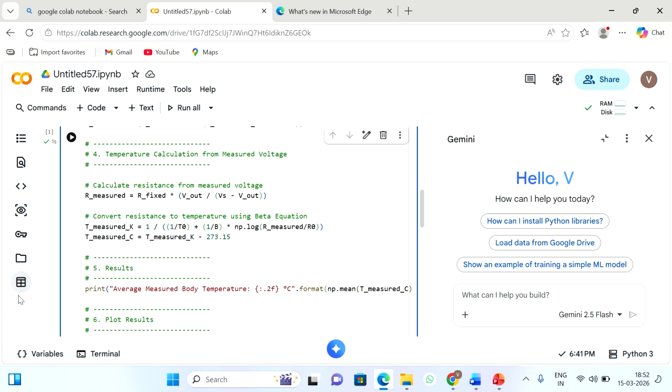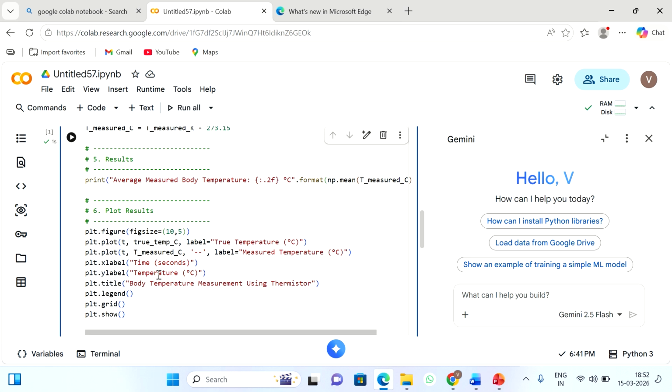So graph 1 shows voltage versus time. It shows how the output voltage changes with the temperature. Then graph 2 shows the resistance versus time, so it shows thermistor resistance variation.